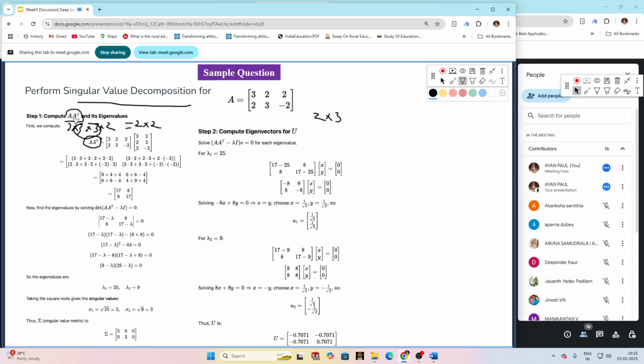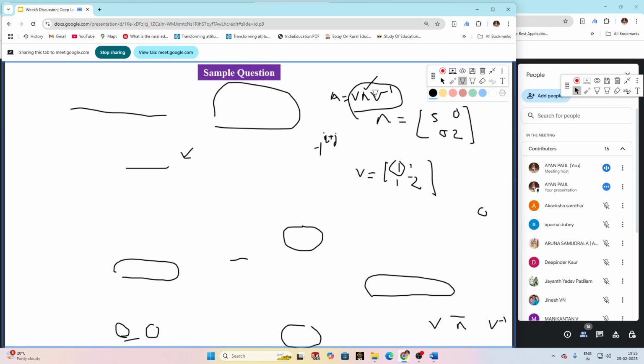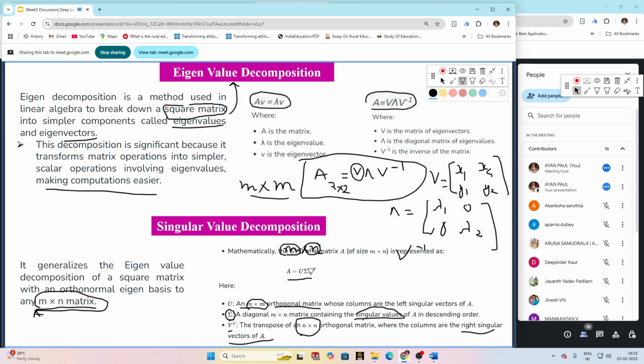So we have to compute AAT, and then find the eigenvalues of AAT, that is lambda 1 and lambda 2. We are converting A into U sigma VT.